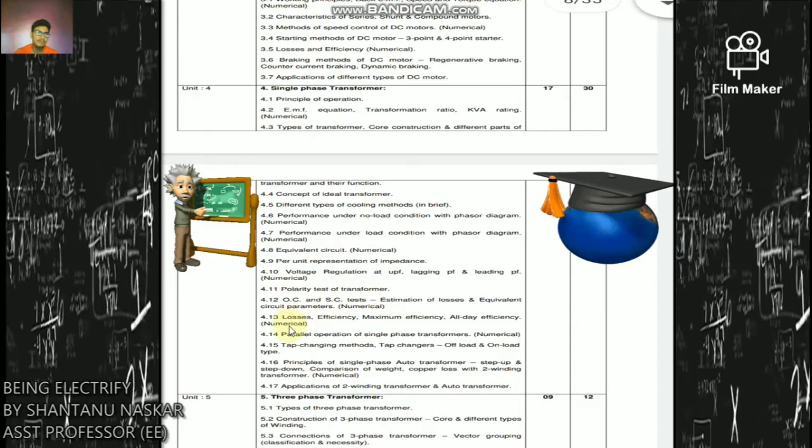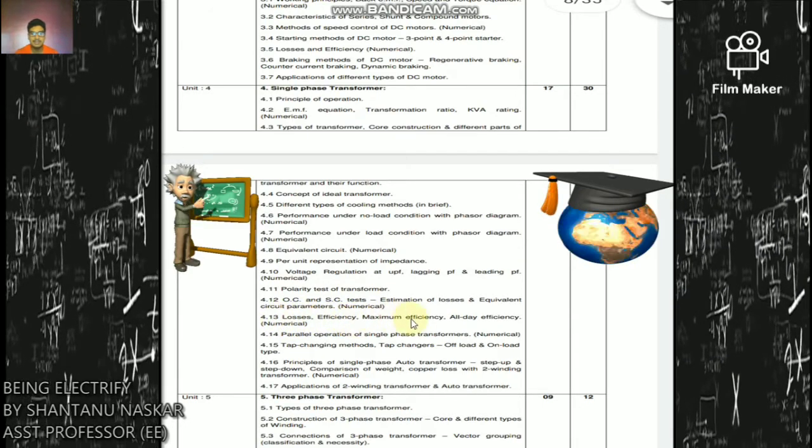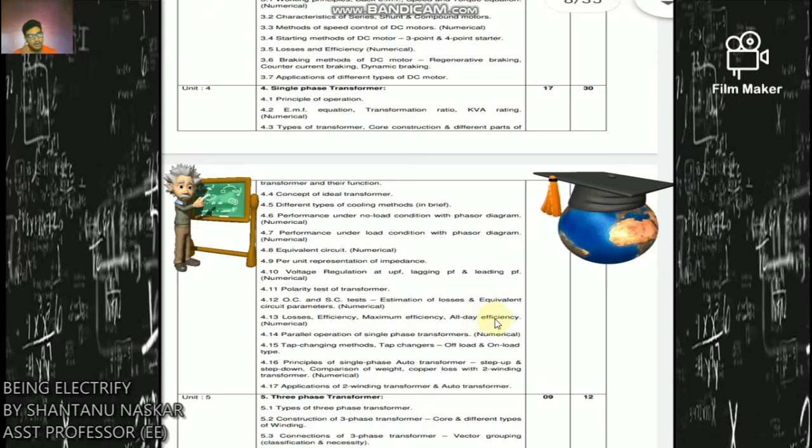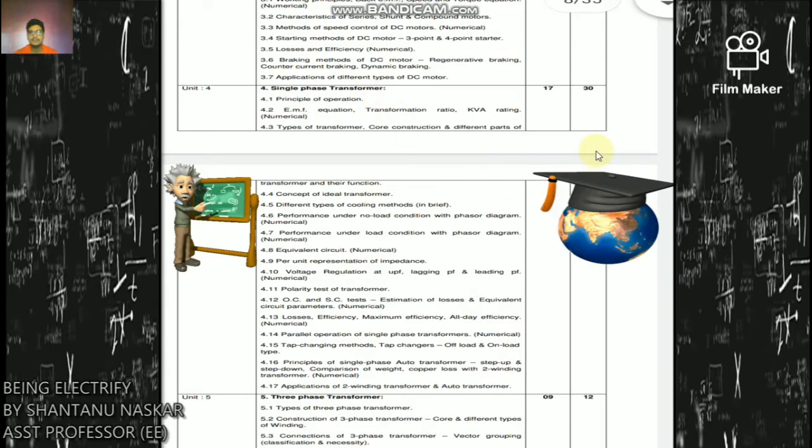And today we will discuss losses, efficiency, maximum efficiency, and all-day efficiency of a single-phase transformer.